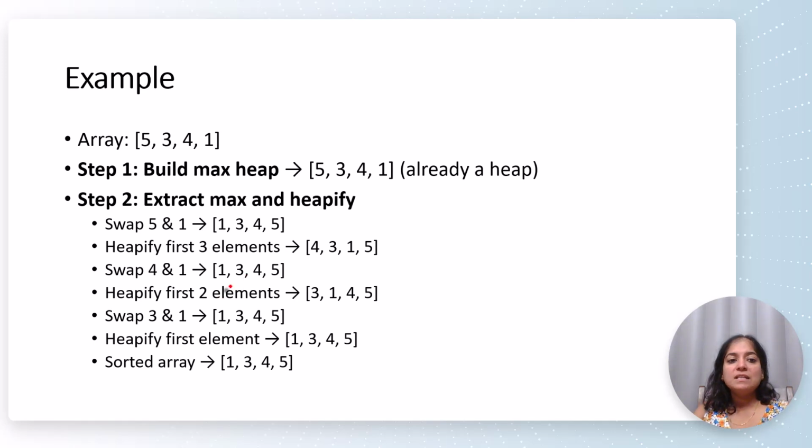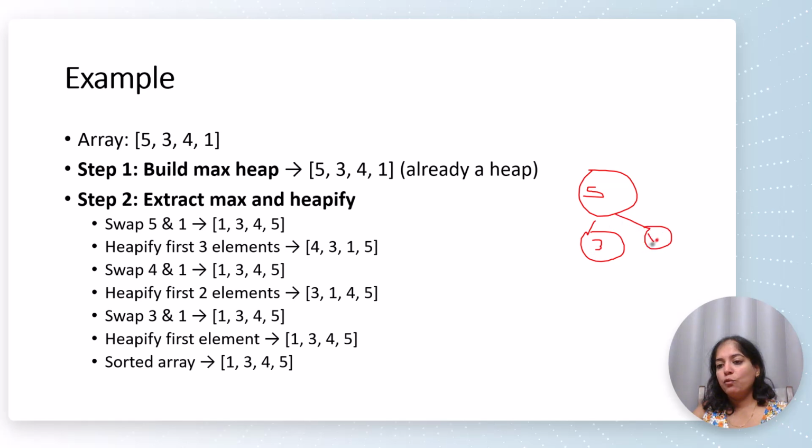So let's say 5, 3, 4, 1. If you create a heap, it will be 5, 3, 4, and then 1. Now we need to perform the heapify. So swap 5 and 1.